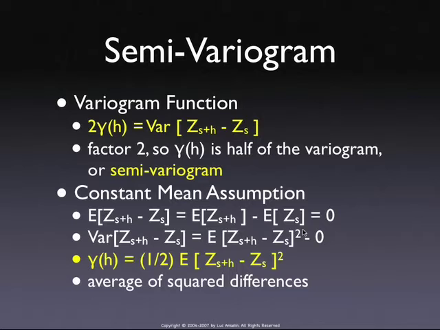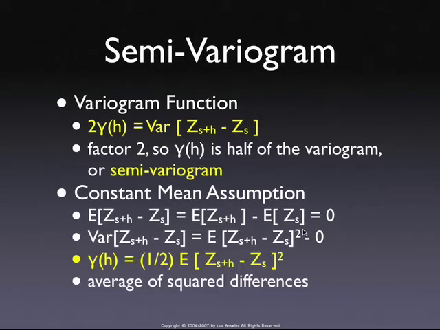It's important because, running ahead, the connection between this variance of the difference and the traditional variance and covariance is made at the level of the semi-variogram. We'll see that the semi-variogram, gamma at h, is the variance of the process minus the covariance for distance h.